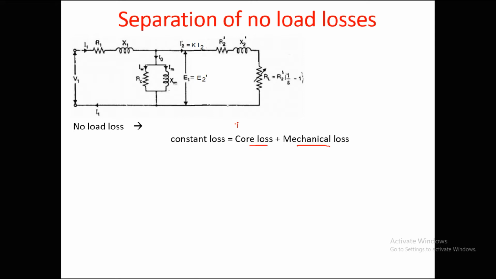Iron loss is also known as core loss, and the losses called hysteresis and eddy current loss are nothing but iron loss, whereas the combination of friction and windage loss is nothing but mechanical loss.